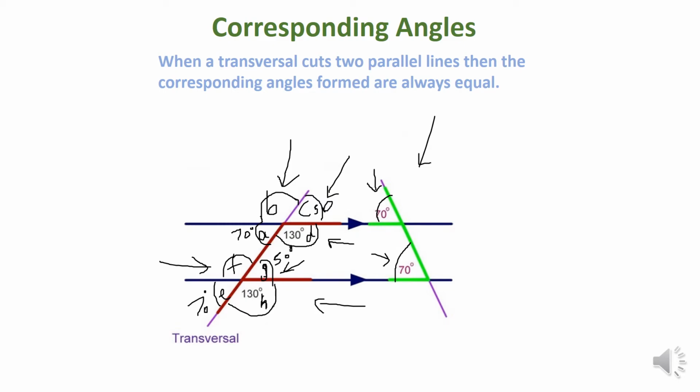If I had this angle here, and this angle is 110, okay? What other angle will be 110? Where is this angle? Where is this 110? On the bottom left. So on the bottom left here, this angle will also be 110. Corresponding angles, okay?